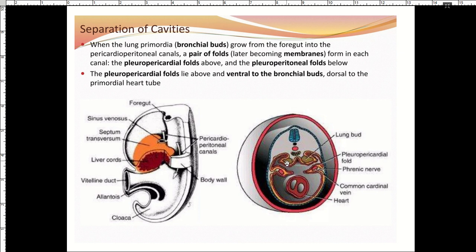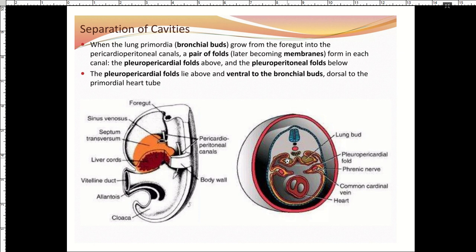So you're going to have the development of the lungs. Remember, the lungs develop as a lung diverticulum from the ventral part of the foregut, and they are going to grow ventrally, laterally, and caudally.